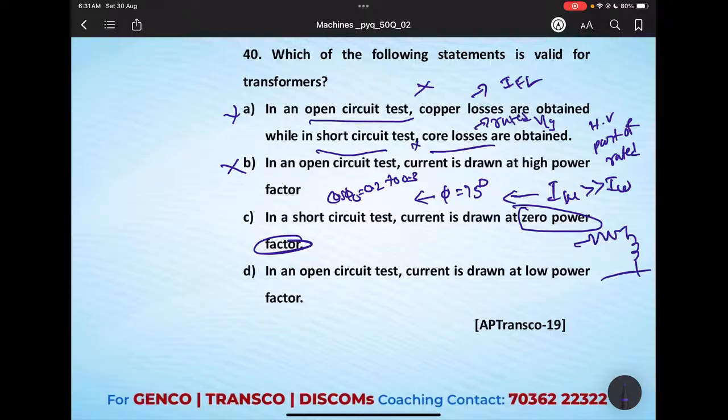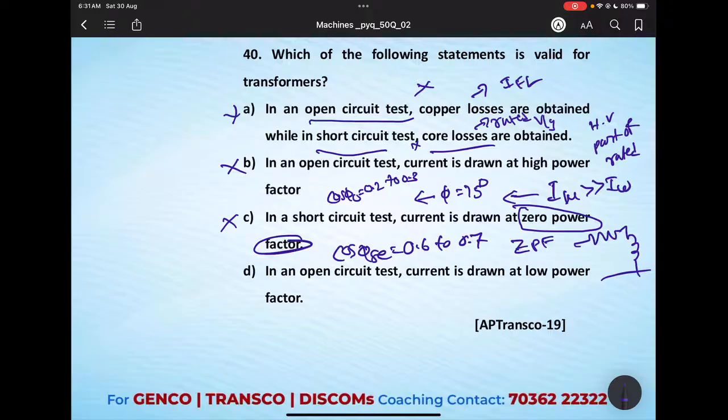We can't get ZPF. It will be around cos phi SC, about 0.6 to 0.7. So ZPF we can't get. This is also a wrong option. What about the last option?